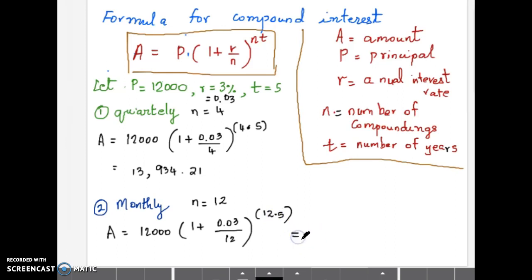Put it in the calculator just like that, and you get your answer for the 12 months as 13,939.40. That's what you get when you compound it on a monthly basis.